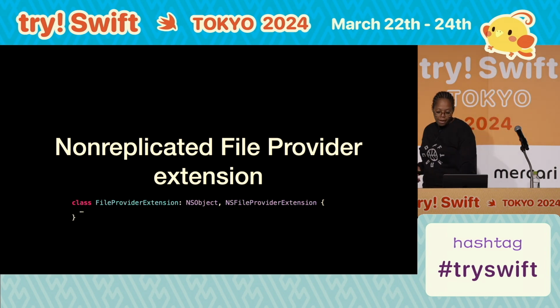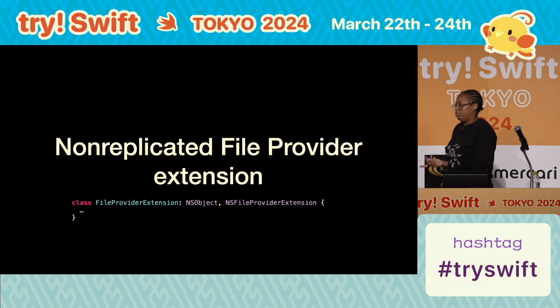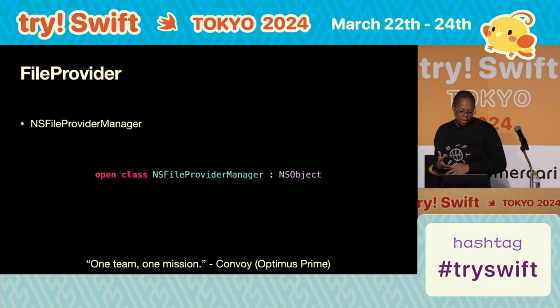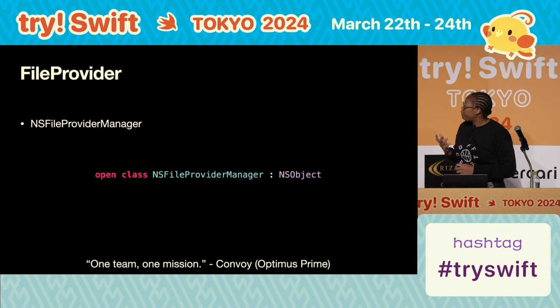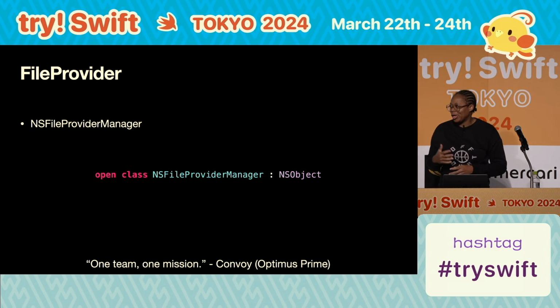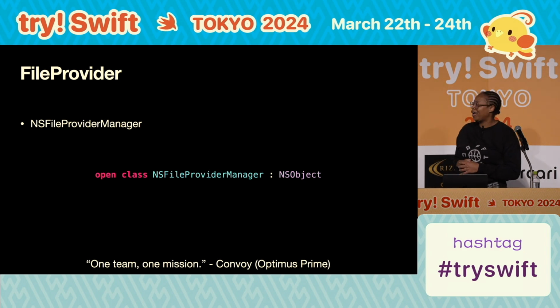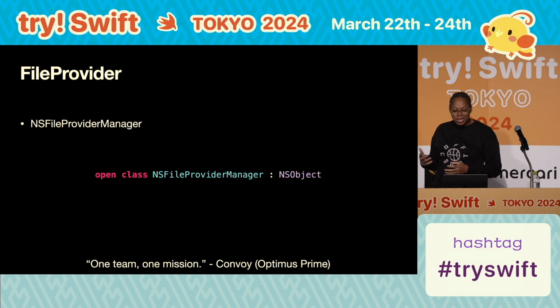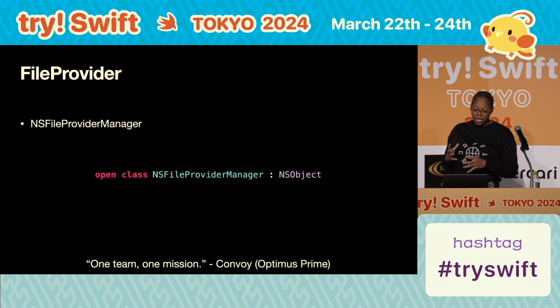To start implementing File Provider, we need a manager. Who doesn't need a manager? So the first one is the file provider manager. It inherits from NSObject. You have seen the previous presentation. We're still inheriting from NSObject. It will communicate between your app and the file provider extension.